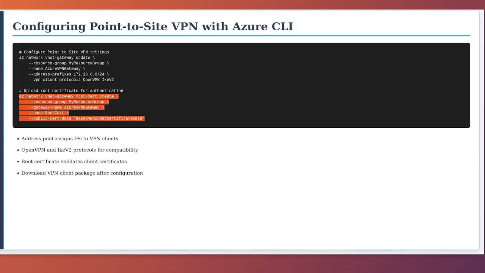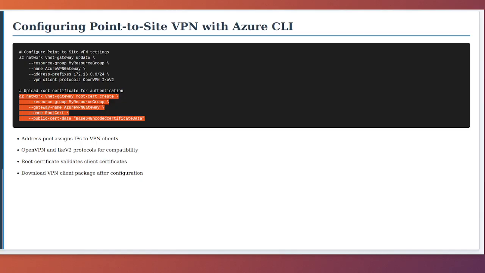This is the certificate that Azure will use to verify client certificates during authentication. Any client presenting a certificate signed by this root certificate will be trusted and allowed to connect, while clients with certificates from other sources will be rejected. To obtain the base 64 encoded certificate data, you first need to export your root certificate as a CER file.